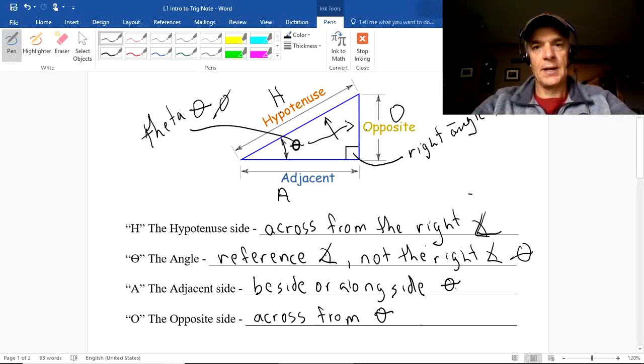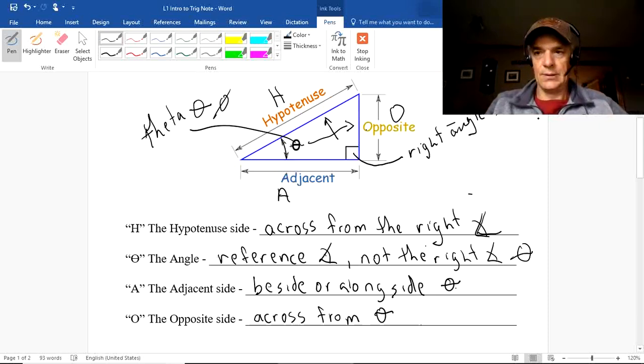So there's your hypotenuse, your opposite side, which is across from the theta, and your adjacent, which is alongside or beside the theta. And then, of course, the hypotenuse is across from the right angle.